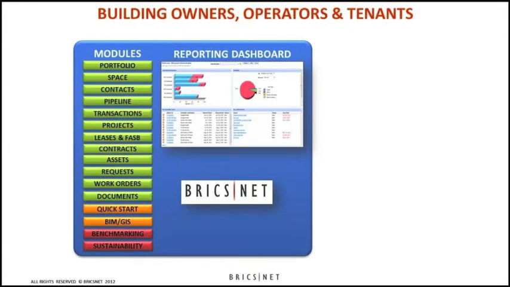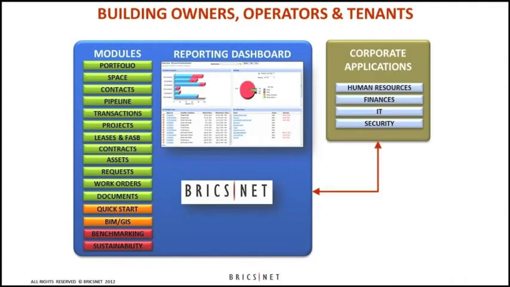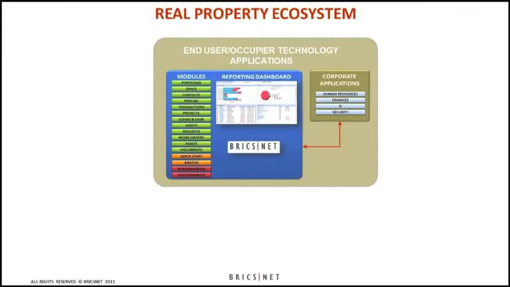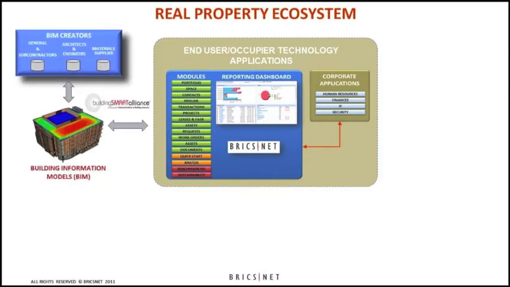Taking a quick look at the Bricsnet Enterprise environment, we can see that there are 14 modules that currently exist. And we're bolstering the application with a quick start, BIM GIS, improving our benchmarking and sustainability. And we know that our customers integrate their applications with HR, finance, IT, and security.